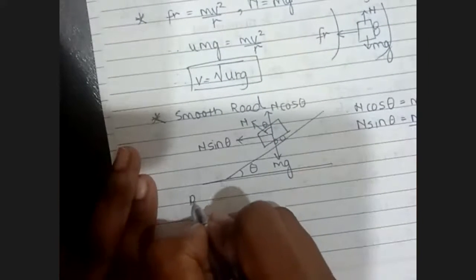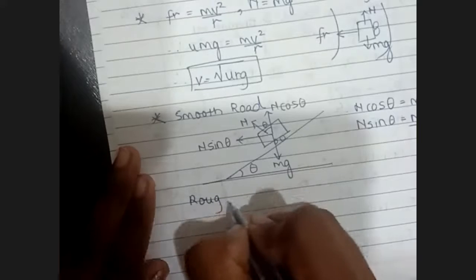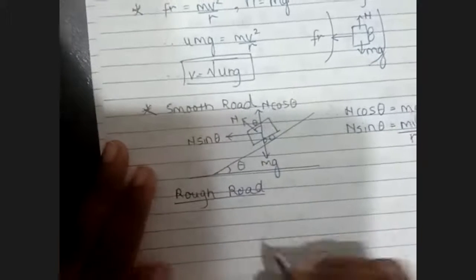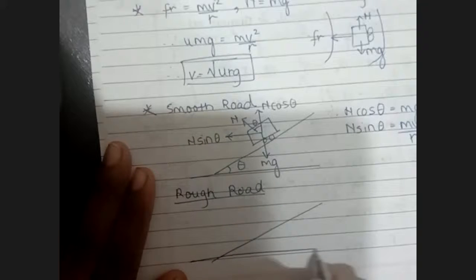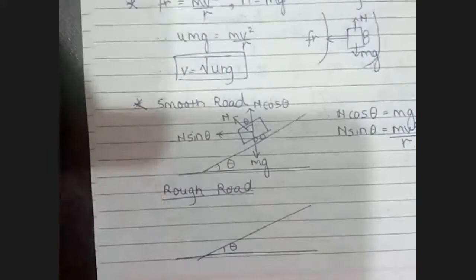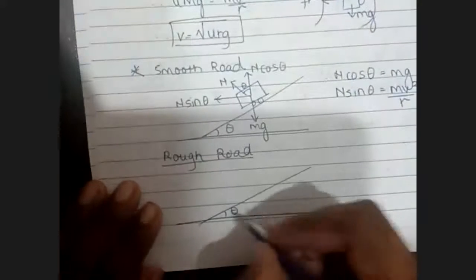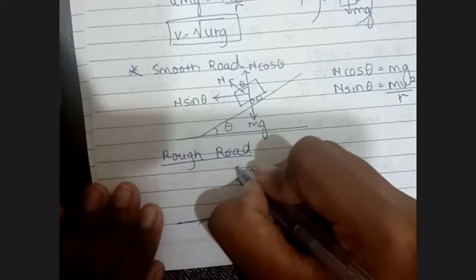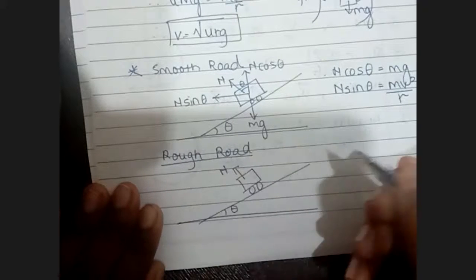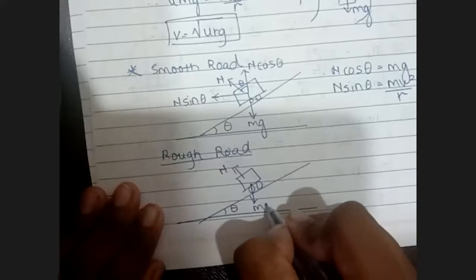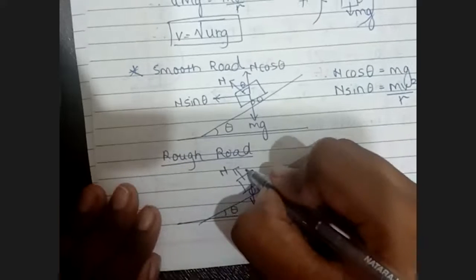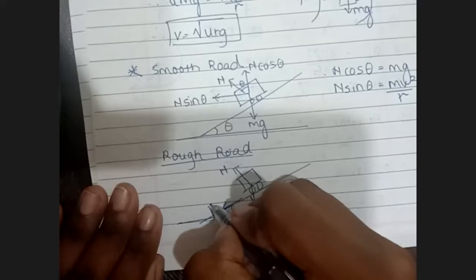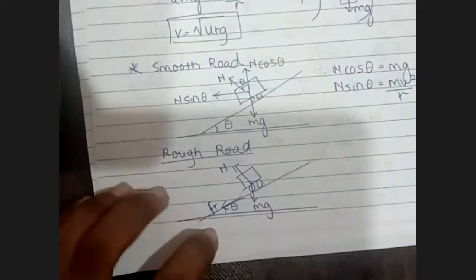Now on a rough road, as it is a rough road, there will be friction acting upon it. There will be normal reaction perpendicular to the plane, mg downwards, and there will be friction acting in this direction.